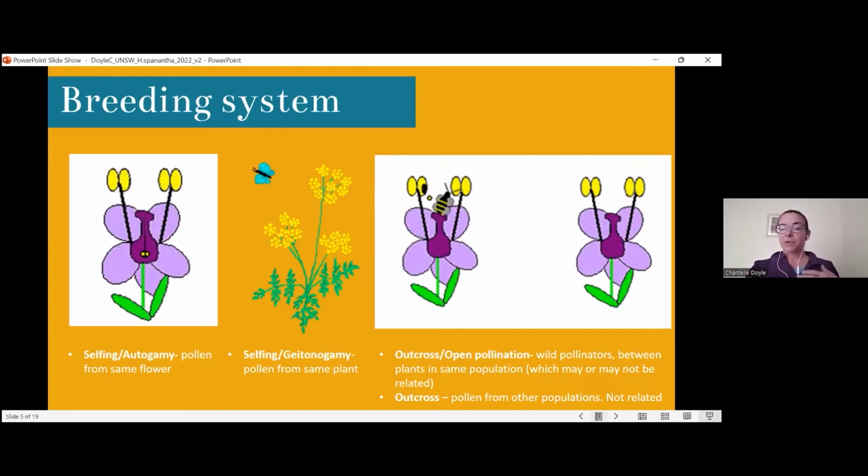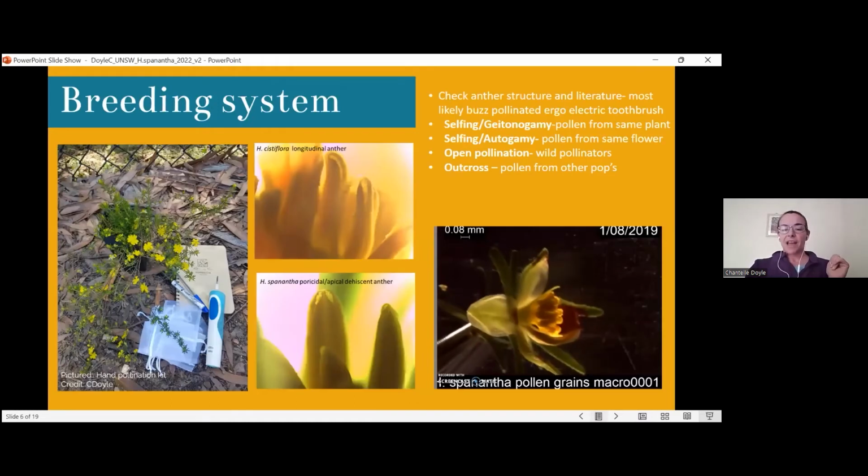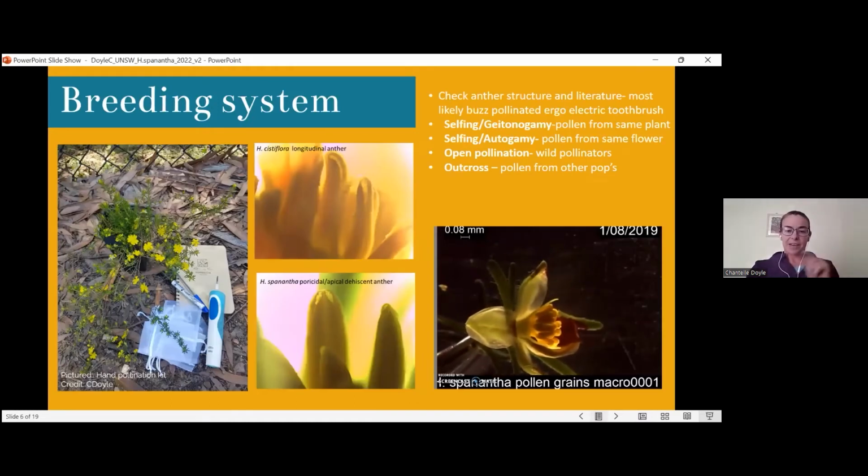I did 2 different outcrossing treatments. One was open pollination, where basically I let the pollinators, if they were about, do their job. And then the other one was I transferred pollen between flowers in those 3 close populations. We couldn't do the 4th one because that's on private land. And I used an electric toothbrush. You can see a video there.